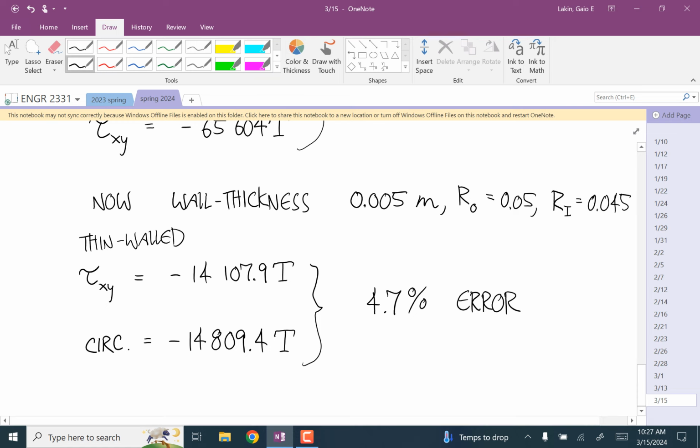So if you use that calculation to determine the stress at the inner wall, you'd get something that was less than the thin-walled approximation in absolute value. So no matter what the thickness of the wall is, using the circular calculation, you're always bracketing the value that you get in that thin-walled approximation. Are you with me on that? Yeah. Okay.